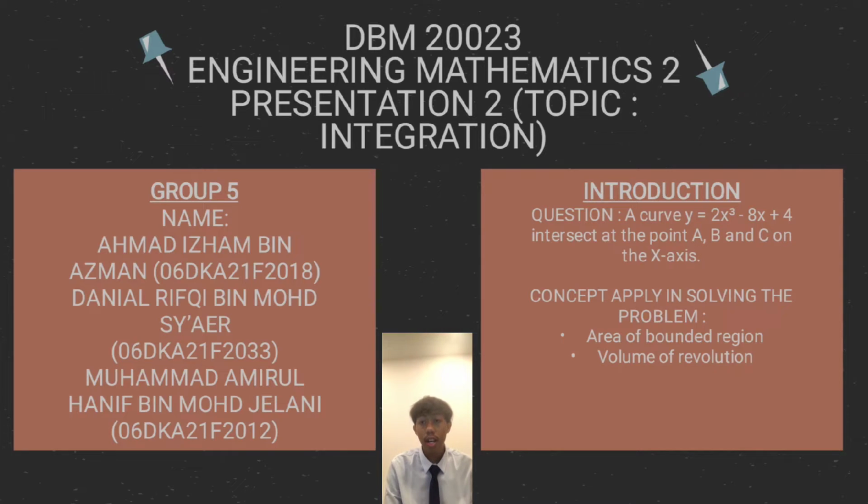For the second one, we just change the limit, which is we choose -2.214. Like before, we insert 2 bracket -2.214 bracket to the power of 4 over 4, minus 8 bracket -2.214 bracket squared over 2, plus 4 bracket -2.214 bracket.